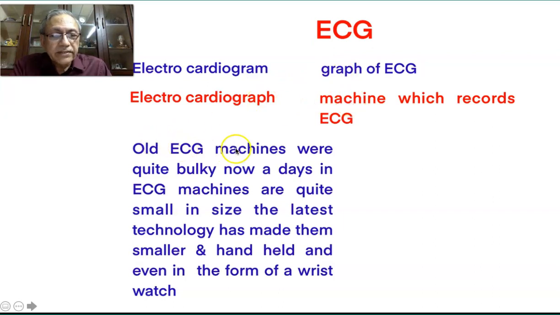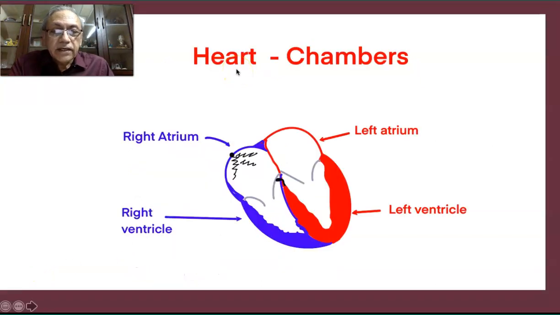Old ECG machines were quite bulky, and nowadays we have ECG machines which are quite small in size, and the latest technology has really made them even smaller with the handheld and even in the form of a wristwatch.